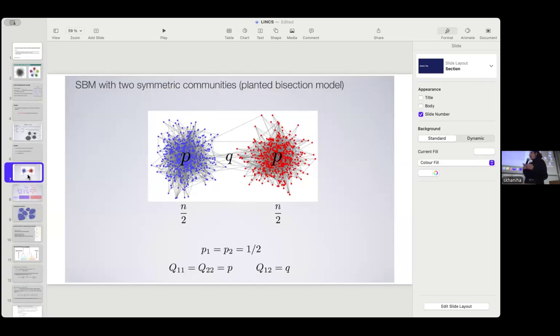The simplest example in this stochastic block model is when we have just two communities, and the two communities are symmetric. We have the same probability to connect points inside the cluster, inside the communities, and a different probability for connecting different communities. And the size of the clusters is also the same.